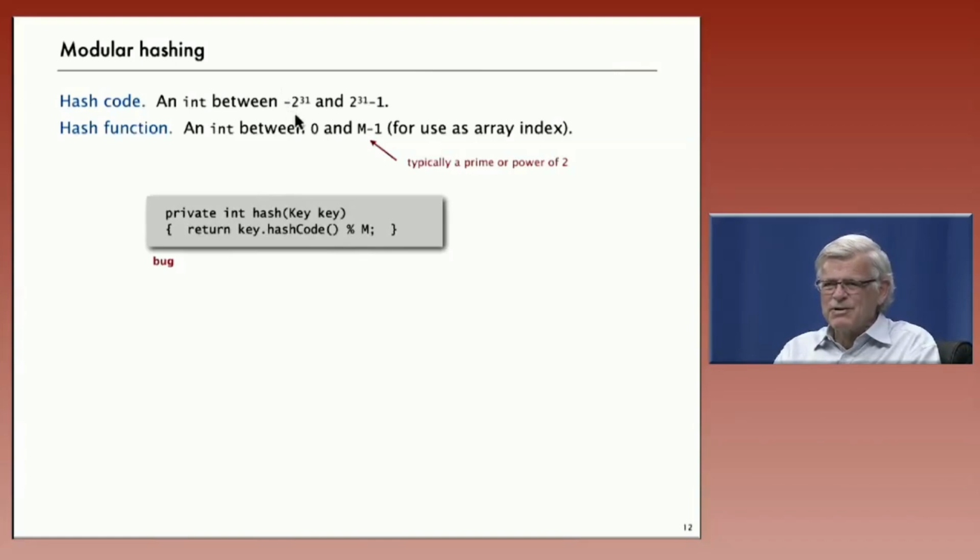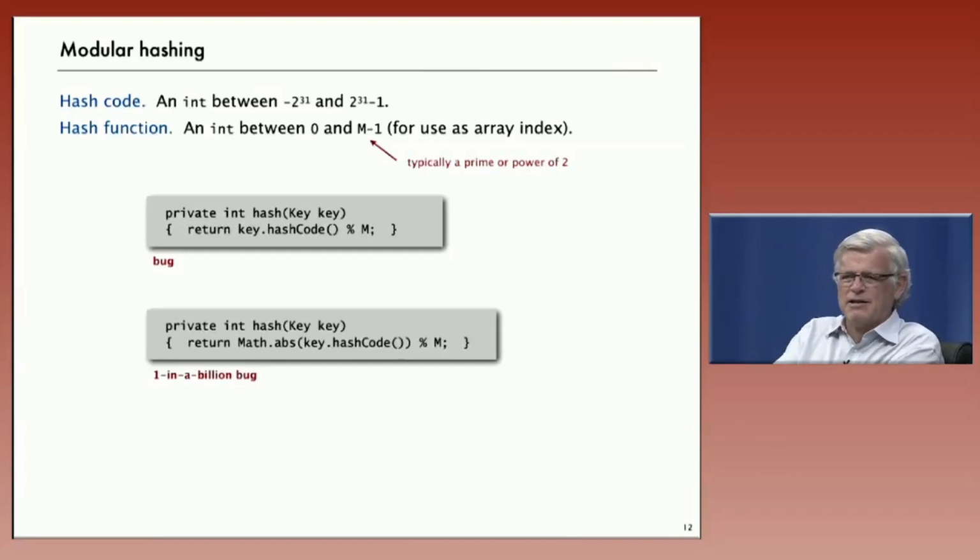Since the hash code can be negative, this doesn't quite work the way this arithmetic is implemented in Java, because it's negative 1 in a billion times. You really have to take the absolute value, because otherwise it'd be negative, and you want it to be between 0 and m minus 1.